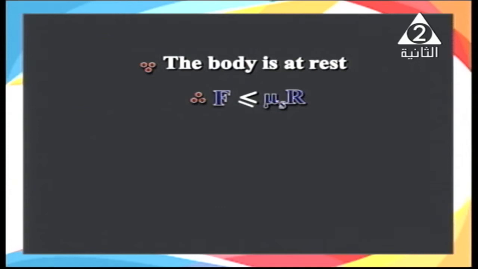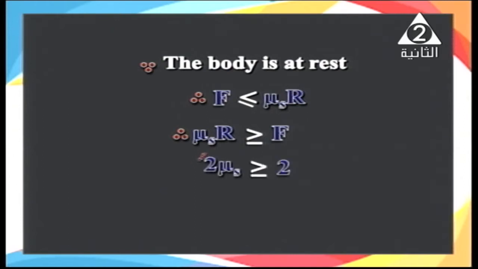Therefore, we deduce that F is smaller than or equal to mu s R, or mu s R is more than or equal to F, where R equals 2. By substitution, F equals 2, we find mu s is more than or equal to 1. This is the coefficient of static friction.